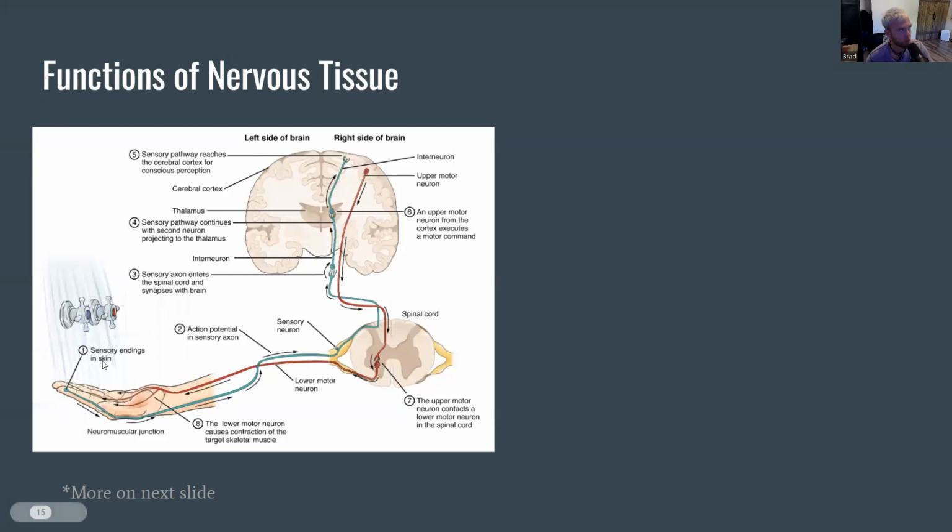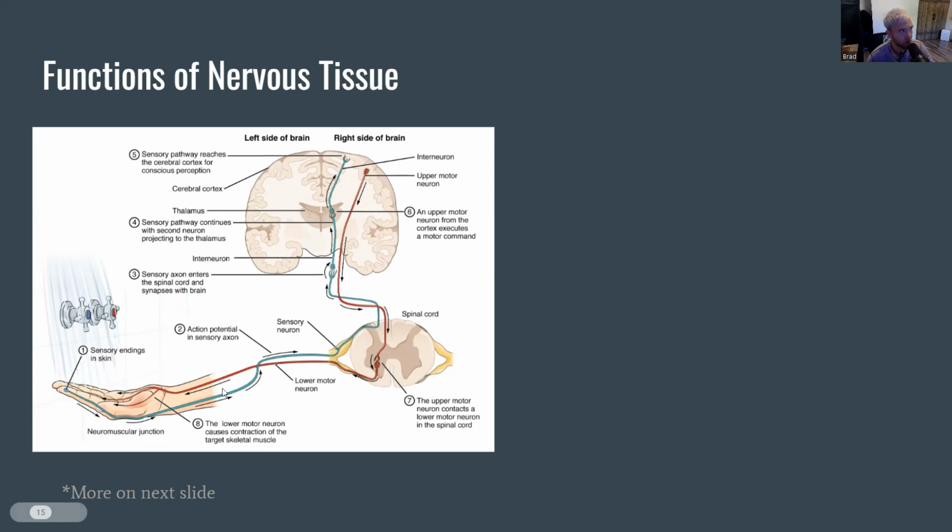And so you have these sensory receptors in the skin, right? We know these to be like the Meissner's corpuscle and the Pacinian corpuscle, things in the skin that can detect thermoreceptors, things like that. They're going to receive a signal, and that signal is going to be propagated all the way here.